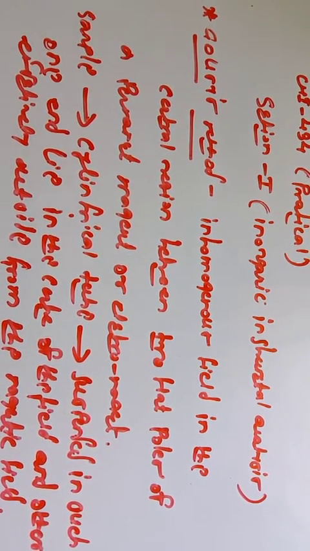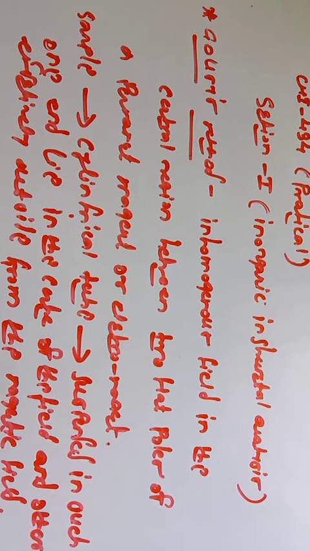So these are the two points in this Gauss method, or we can consider it as the theory of the Gauss method. First, an inhomogeneous field in the central region between two flat poles of a permanent magnet or electromagnet, where one is the north pole and another is the south pole.